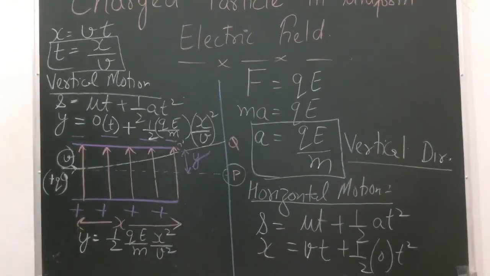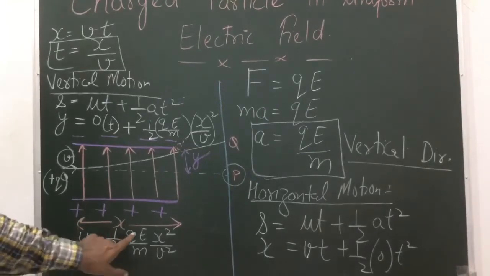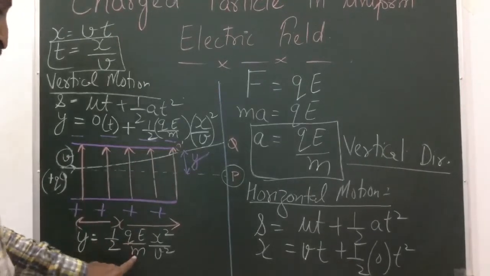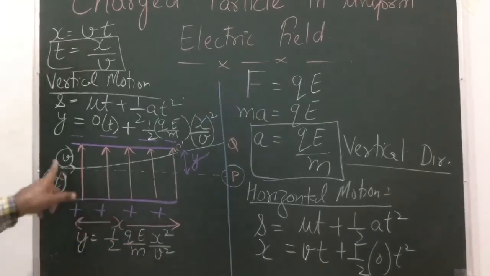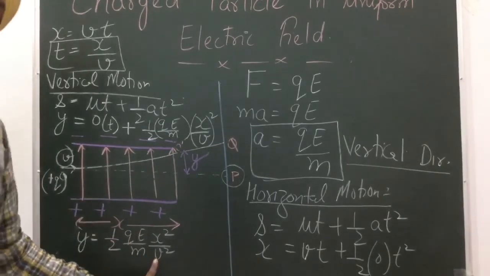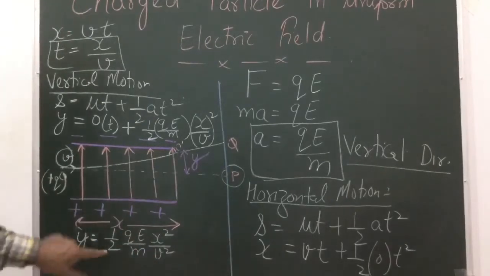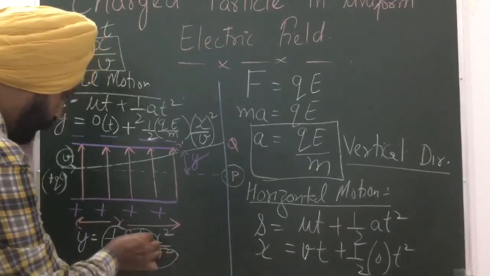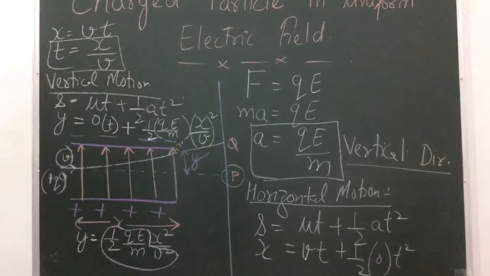Here you have 1 by 2, it is a constant. Q is charge, that is constant. E is electric field, of course constant. Mass of particle is constant. V is the initial velocity of that particle, that is also constant. Now what we are left with, y is equal to constant into x square.